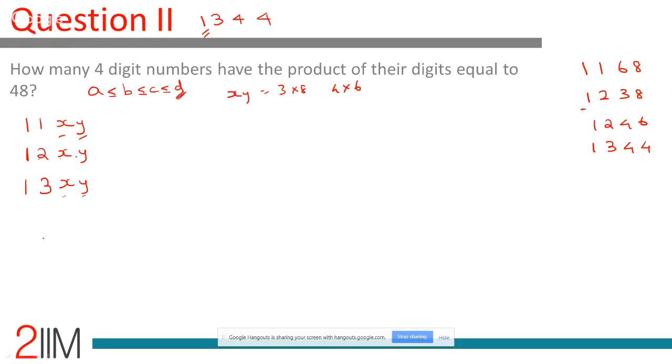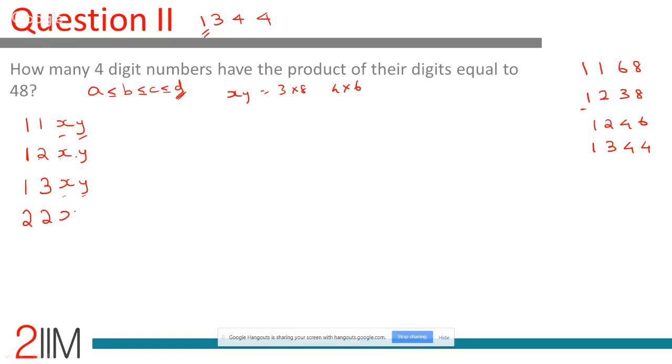Now let's go to numbers starting with 2, because 1, 4 and then beyond that 1, 4, 4, 4, the product is 64. That's not possible. With 1, 3, 4, 4 we fit the best case scenarios with 1 in the mix. So let's put 2 in the mix. Let's say we'll put 2 here and a 2 here, because the second digit cannot be 1. It has to be at least 2. So the smallest possibility is 2, 2.